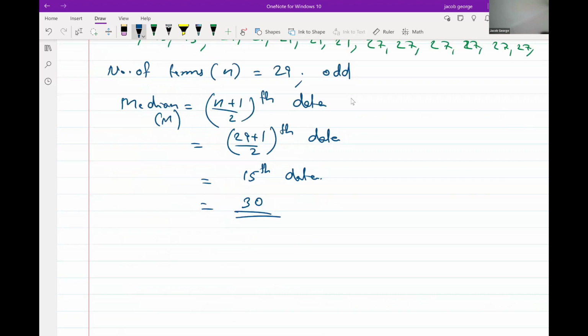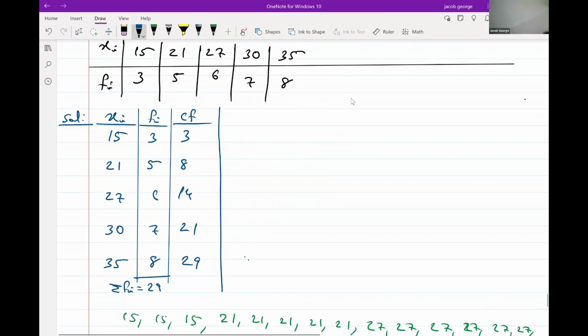Next, modulus. What is the next column, children? Modulus xi minus M. That is modulus 15 minus 30. What is modulus 15 minus 30? 15. Modulus 21 minus 30, 9.